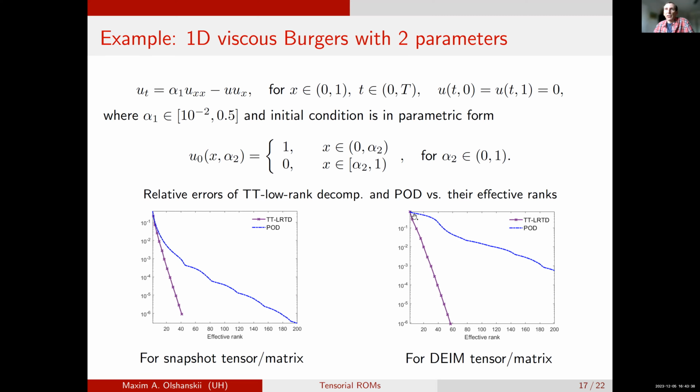So this is the illustration of the effective rank versus accuracy. For tensors, we're gaining accuracy much faster by increasing the rank than for the POD.